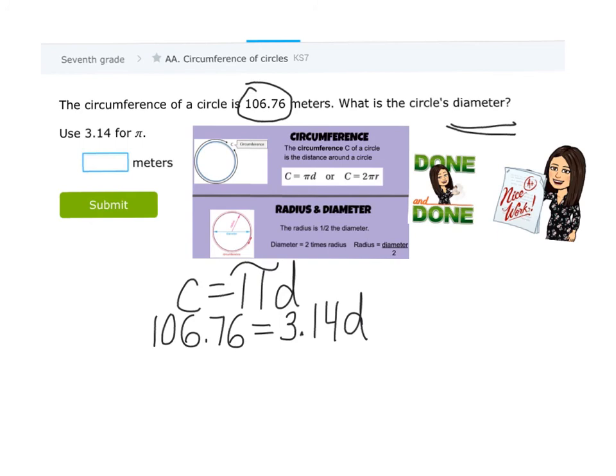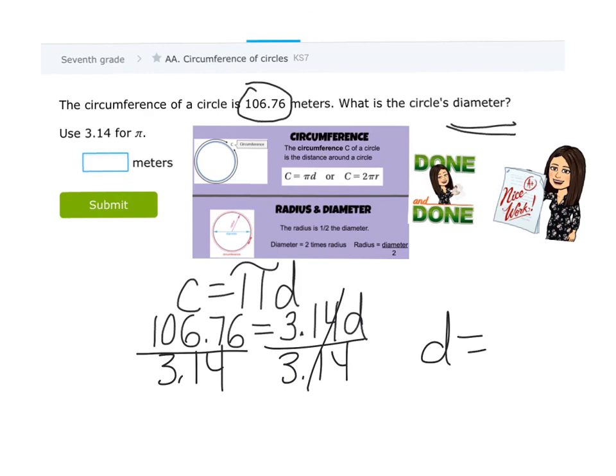So I divide 3.14 on either side. And what I will get is D equals, I do 106.76 divided by 3.14. And I get that the diameter is 34 meters.